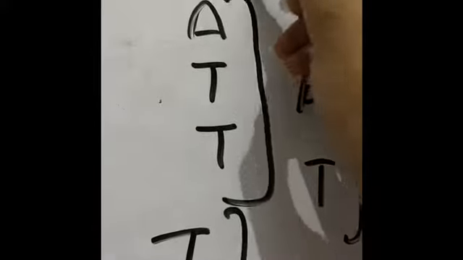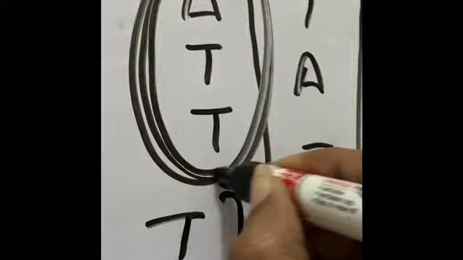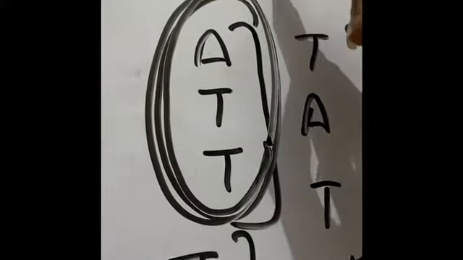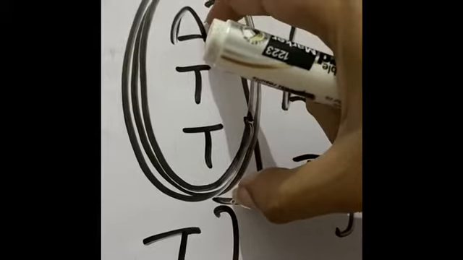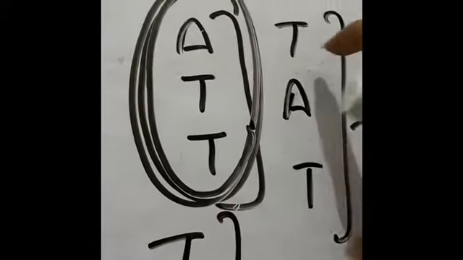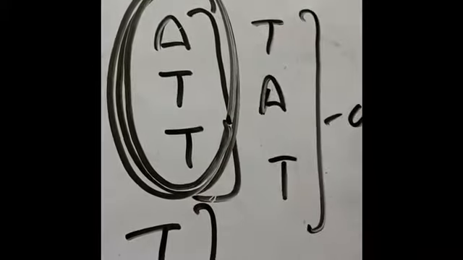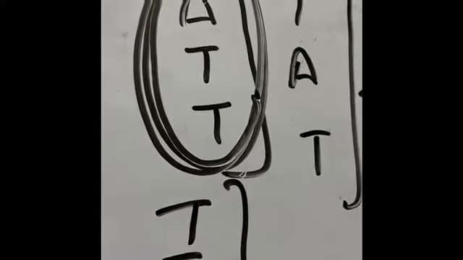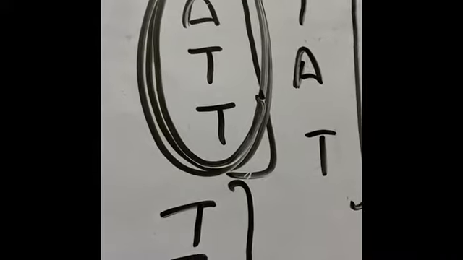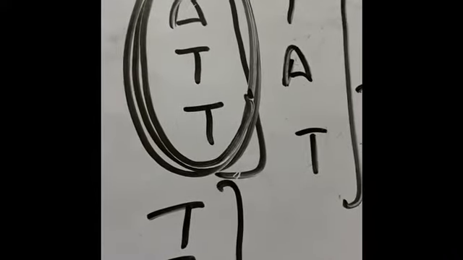So the sequence of 3 nucleotides forms a gene, and if this sequence is present, then that person will have straight hair. If this is present, then that person will have curly hair, and let us assume that if this is present, that person will be a mixture of both, somewhat curly, somewhat straight, right?